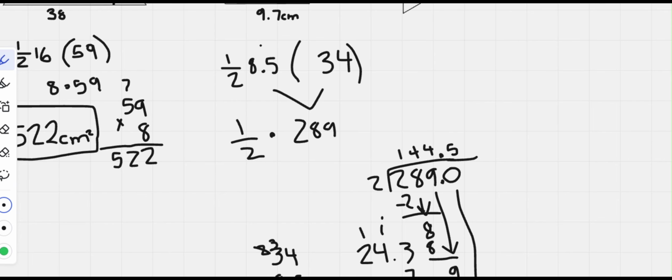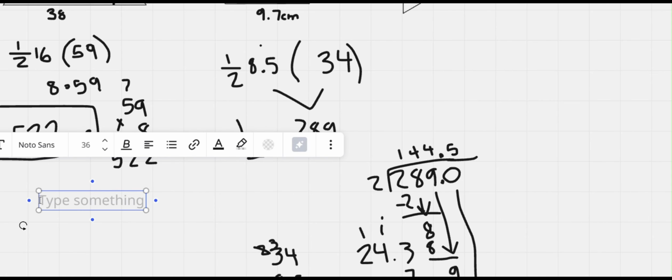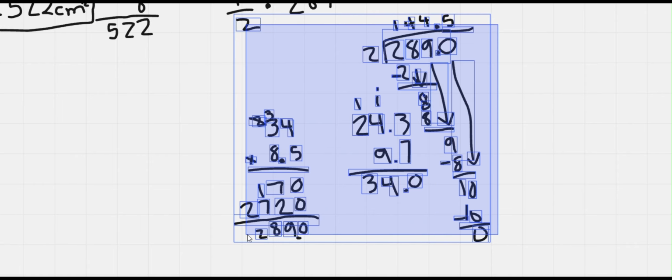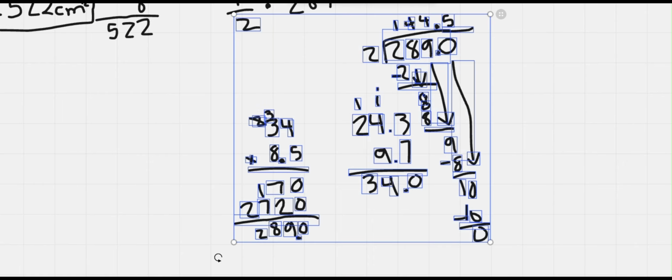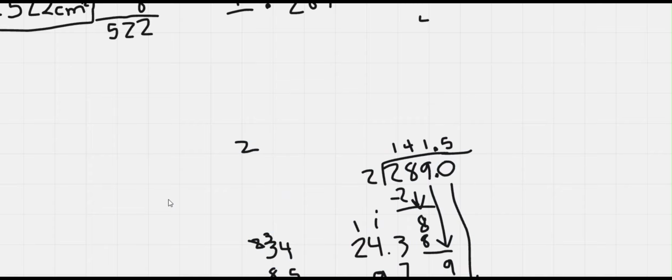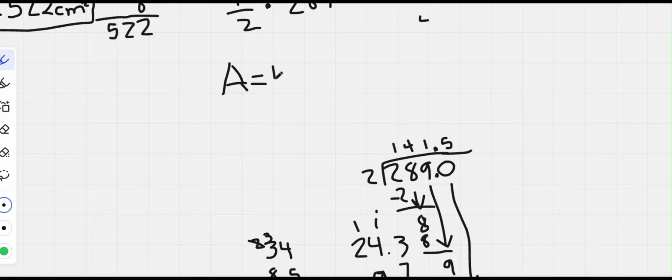So A is 144 and 5/10. Just shift this all out the way. Bring our 2 back. A equals 144 and 5/10.